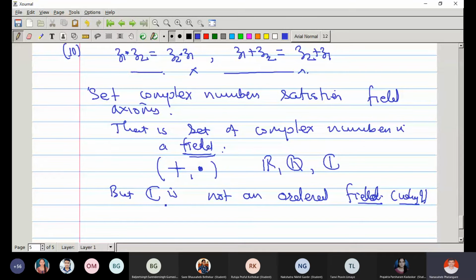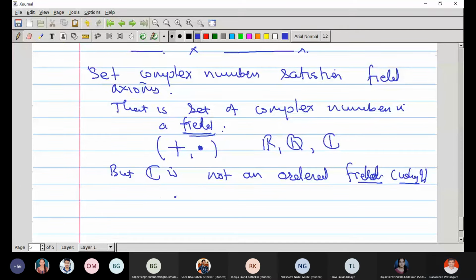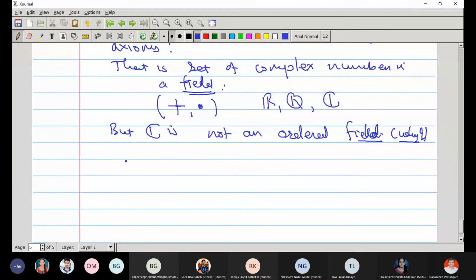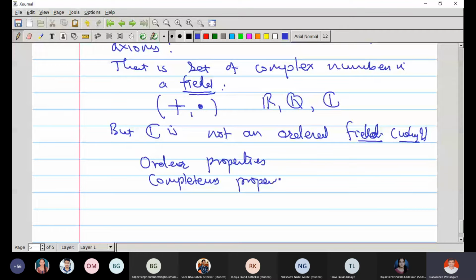And therefore, what are the additional properties of real numbers? Order properties and the completeness property. So C is not a complete ordered field. So what is the use of order properties in the case of real numbers?